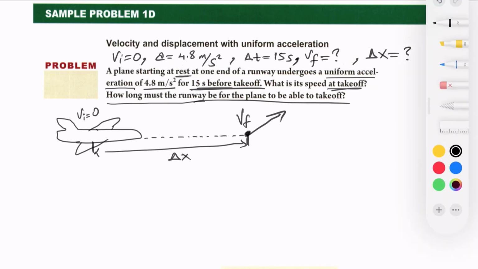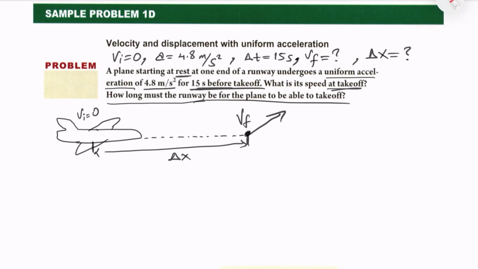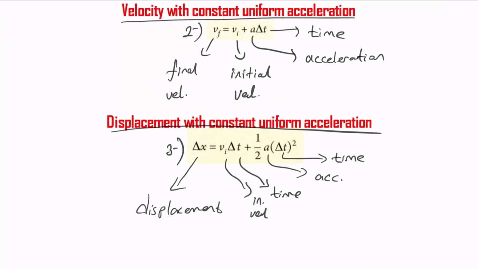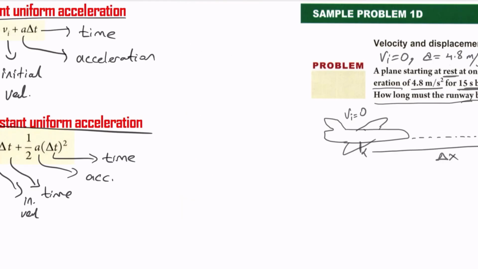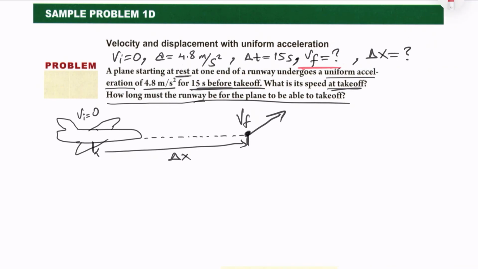Let's change the color of the marker and let's continue. First one, v final. How can we find v final? If you go back to the previous page, we have the second formula and the third formula. The second formula is about v final, the third formula is about delta x. So what is the v final?